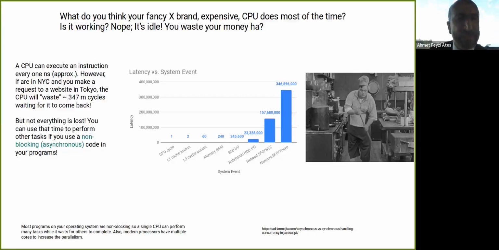A CPU can execute an instruction every 1 nanosecond approximately. This depends on the technology of the CPU, of course. Let's say you are making a networking activity. You are in New York City and you are making a request to a website in Tokyo. According to the graphic chart on the screen, you waste approximately 348 million cycles for it to come back.